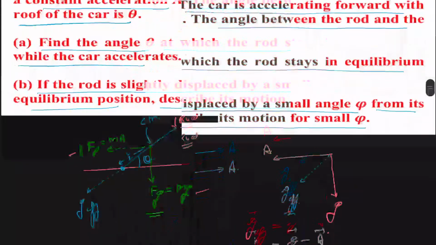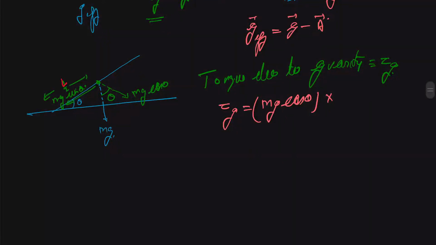It is given as capital L, so this is capital L by 2. So this is our torque due to gravity.